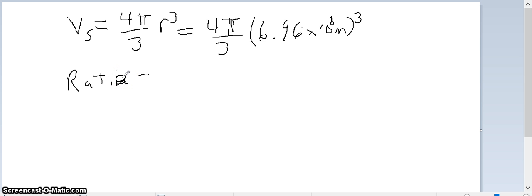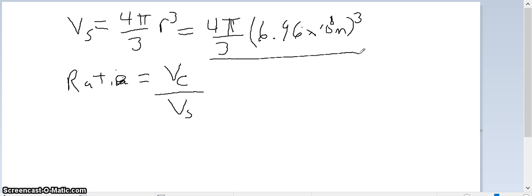So the ratio is the volume of the cloud, which you already calculated, divided by the volume of the sun, which you just calculated right here. So just report what that value is.